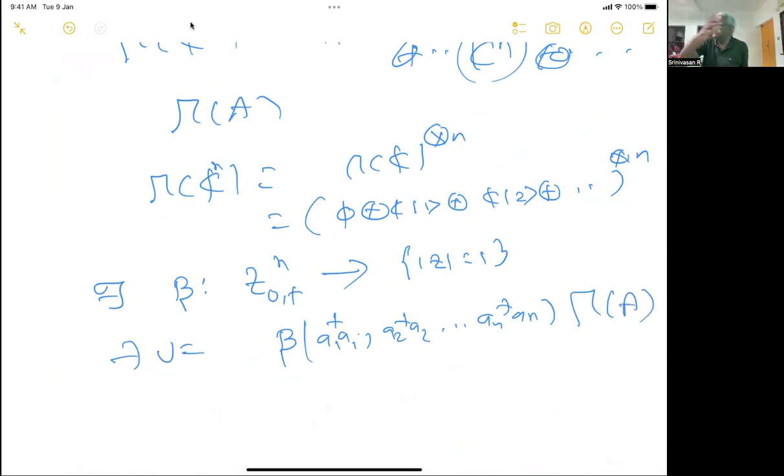This gamma of A will be added to that. So this is the statement of the theorem. If it's not clear, tell me what is not clear.